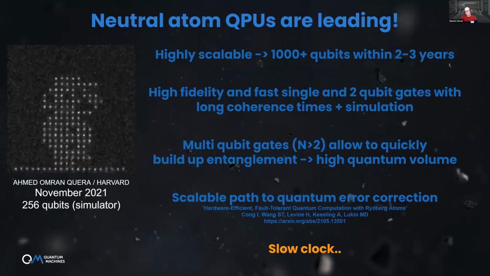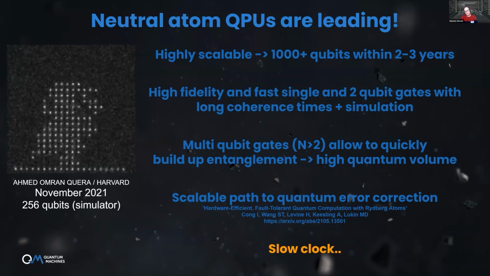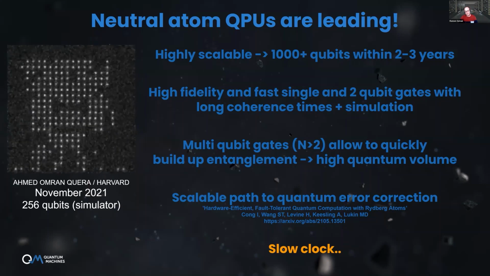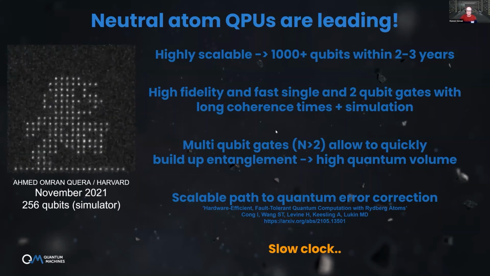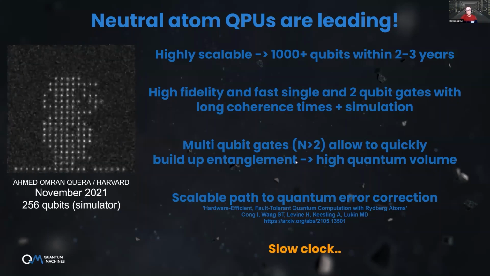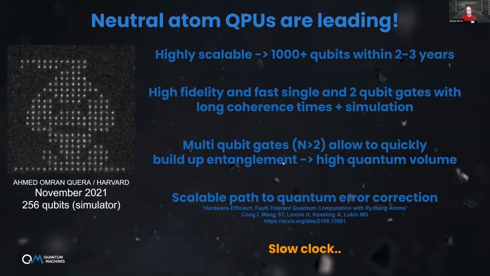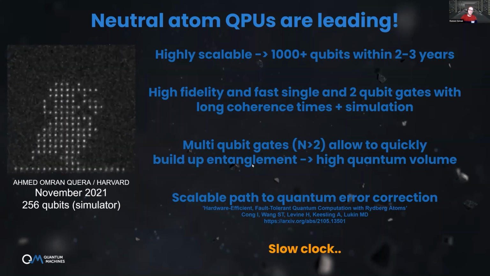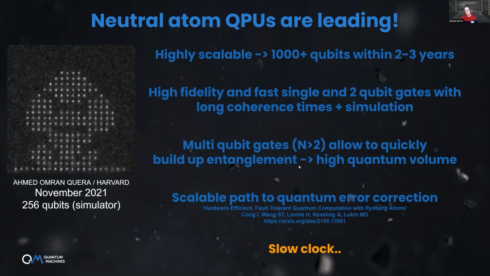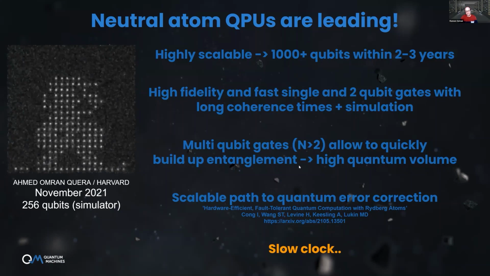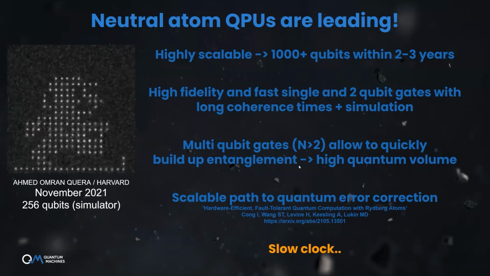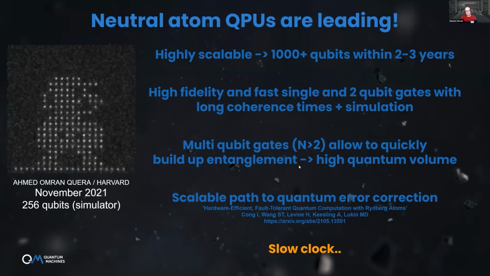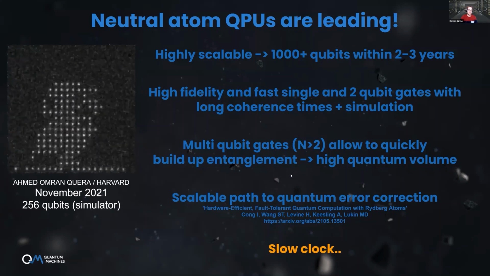Ions also have a similar advantage, but if today in superconducting qubits you need to generate a sequence of 2-qubit gates to propagate the entanglement causality cone, or however you want to call it, by doing multi-qubit gates on 9 qubits or 25 qubits, we'll be able to build up this entanglement in much fewer time steps, and so eventually it will effectively translate into a higher quantum volume if transpiling and compiling efforts will allow to seamlessly transpile circuits into circuits that are using these more efficient entanglement generation gates.